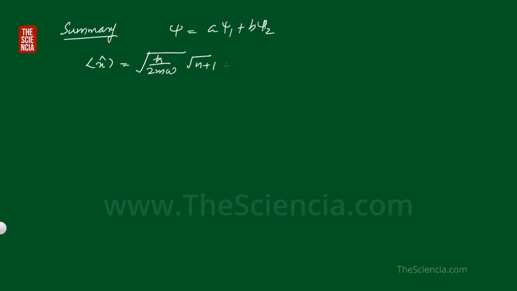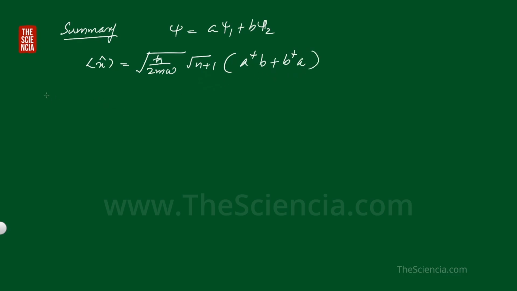Now let us summarize those ideas. Here we are discussing linear combination of states, that is psi is equal to A psi 1 plus B psi 2, where A and B are the coefficients after normalization. Okay, and we got the expectation value of x is equal to root(h cross by 2m omega) root(n plus 1) into (a star b plus b star a).